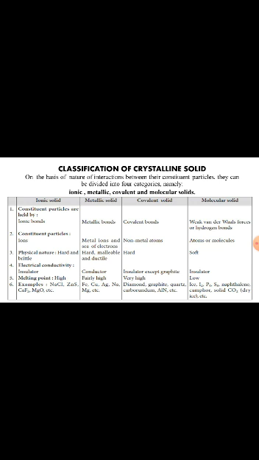First, ionic solid. As the name indicates, ionic solid, so that means the constituent particles are ions and these are held together by ionic bond, that is also known as electrostatic force of attraction.